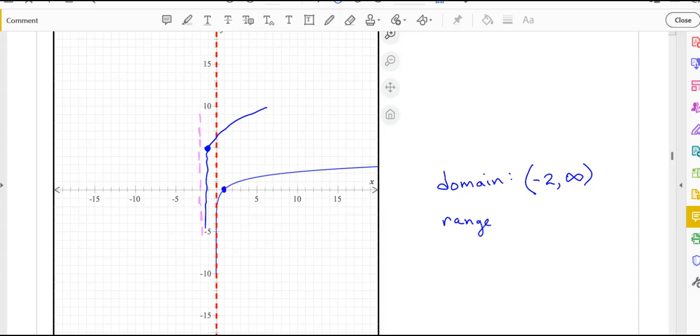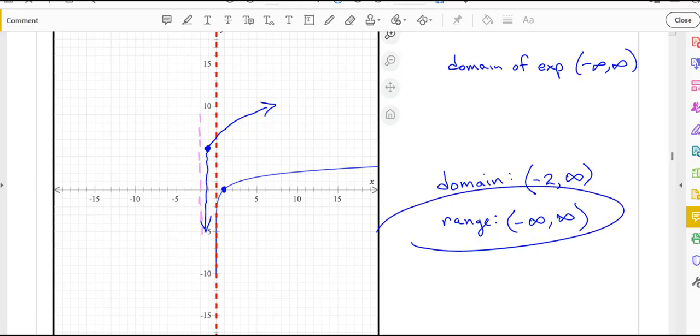The range will be all real numbers. Remember that the domain and the range of exponential and logarithmic functions switch. So the domain of an exponential function is always all reals. So the range of a logarithmic function will always be all reals.